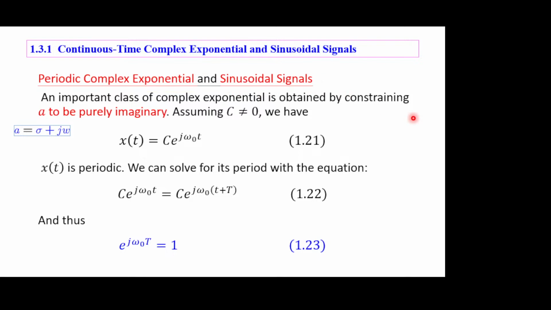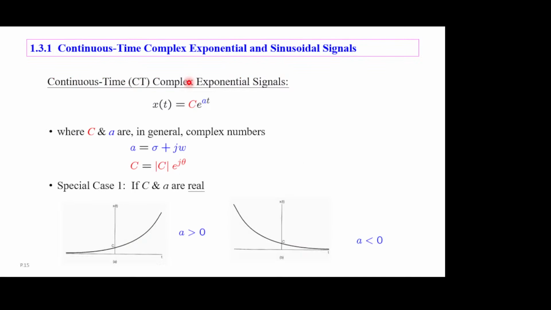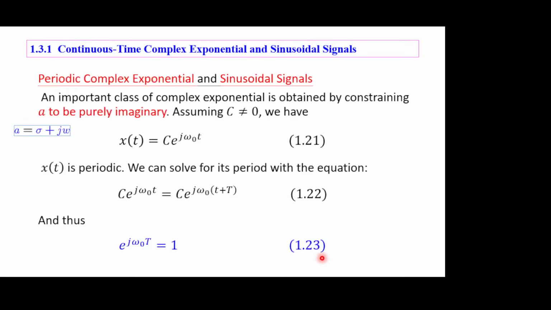This obviously is not periodic, because if you shift this thing, it doesn't look like itself. The complex exponential is periodic when a is purely imaginary.